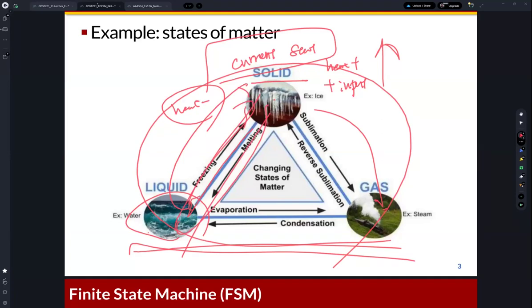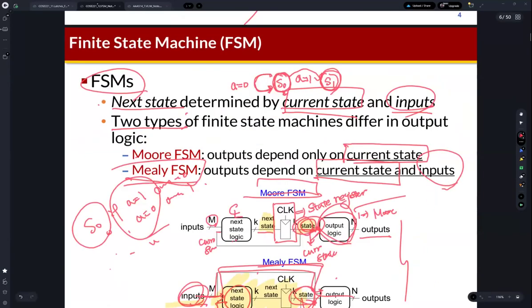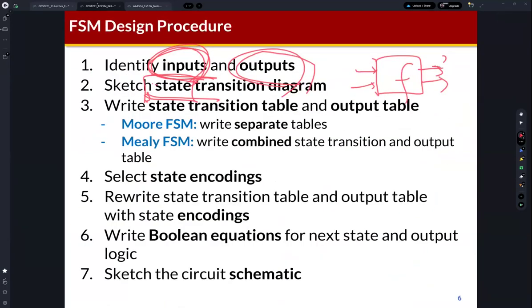So this is the state transition diagram. We can sketch it, and then we define how states are changing, and we can also define the output.